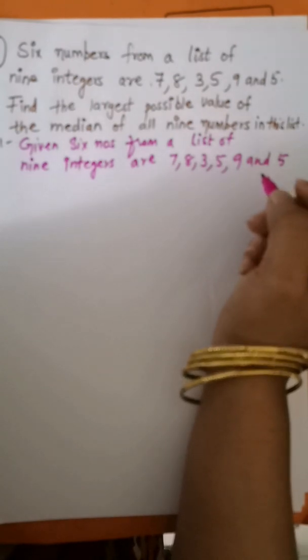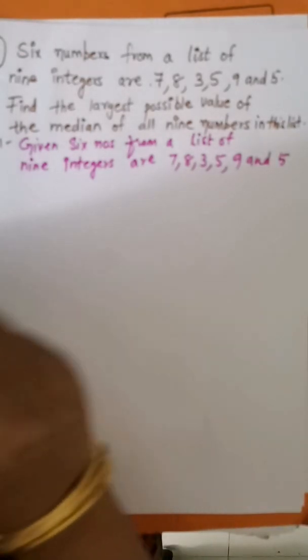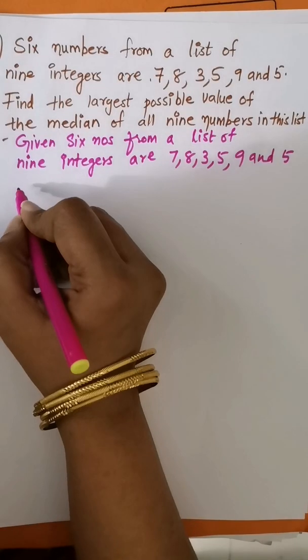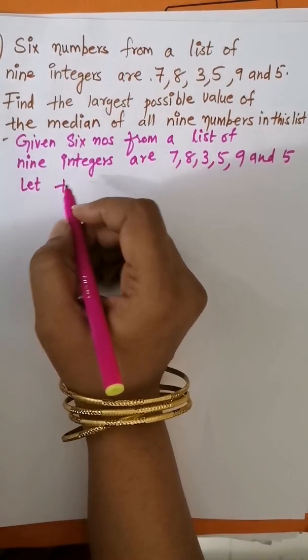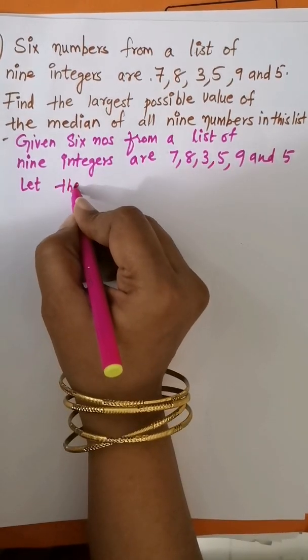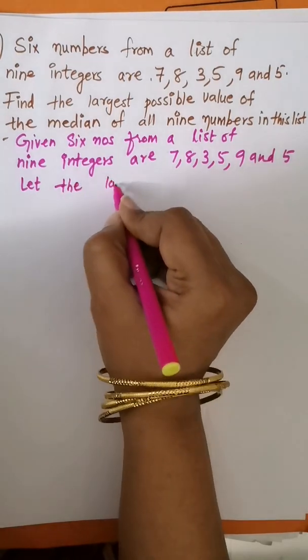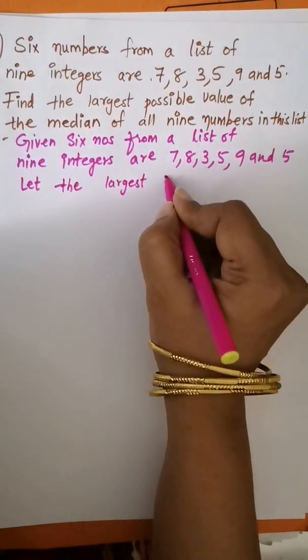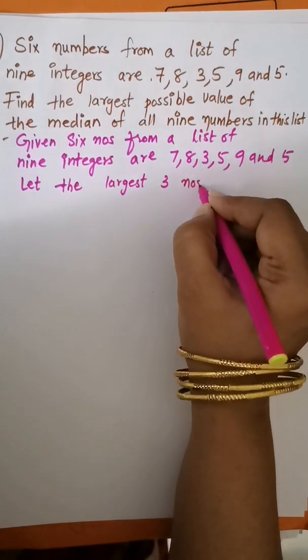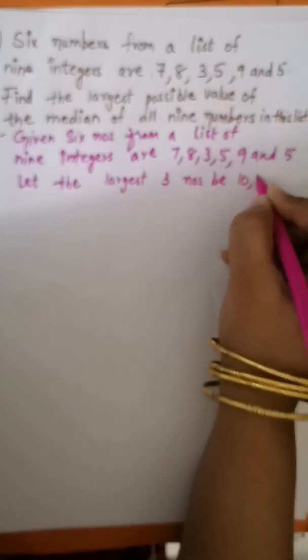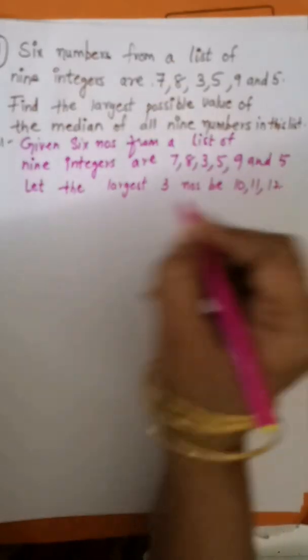There are 9 integers, children. So first of all, we will assume that 6 are given. Let the largest 3 numbers be 10, 11 and 12.